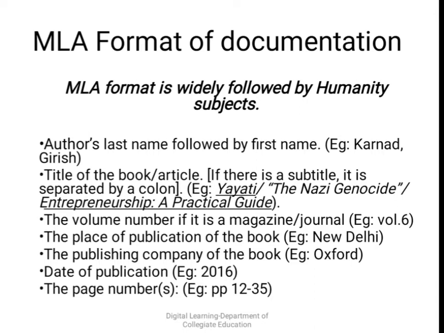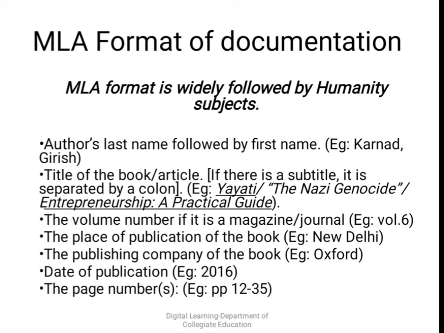If the name is Girish Karnad, then the bibliography entry should be first the surname Karnad, separated by a comma, and then the first name Girish. This author's name is followed by the title of the book or the article, depending on the source.